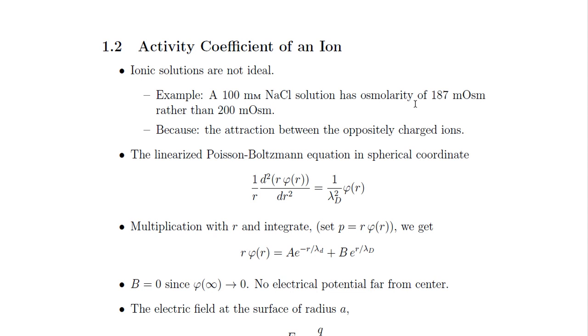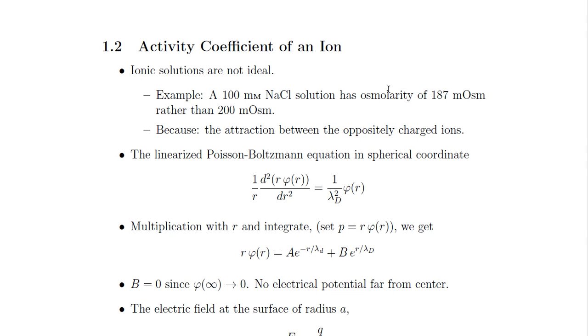Okay, so if we have 100 Na plus atoms and 100 Cl minus ions, in solution not all will dissociate or dissolve in the solution.